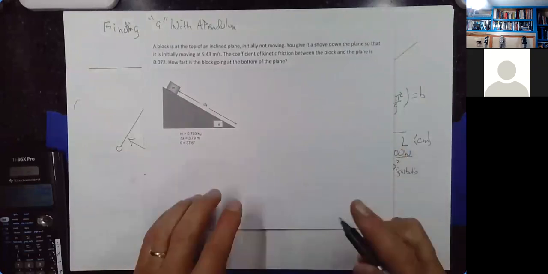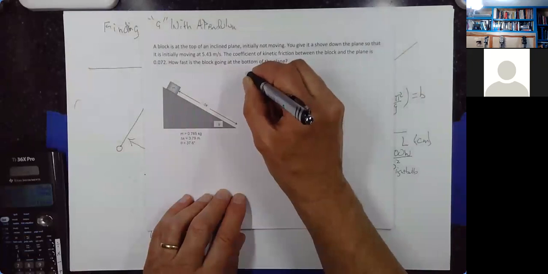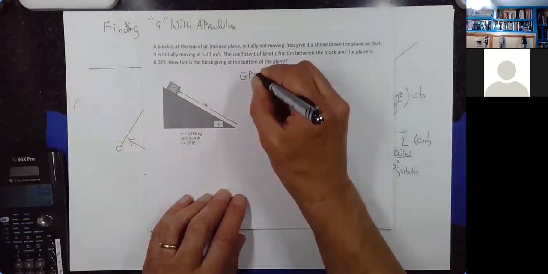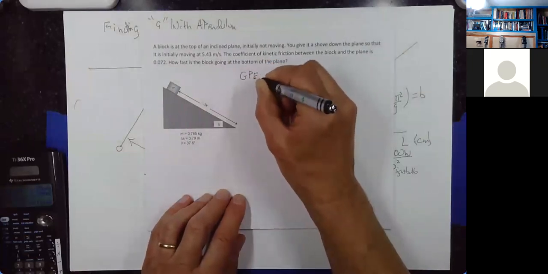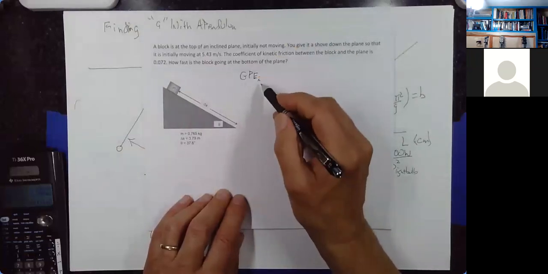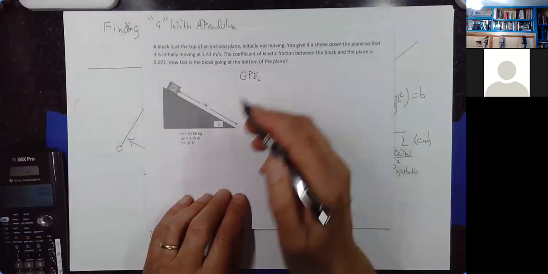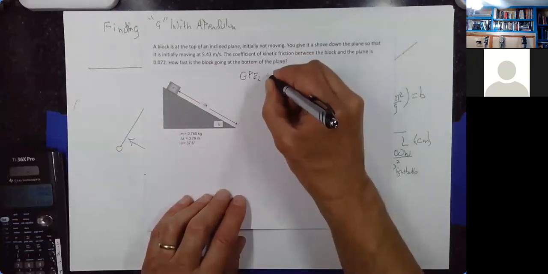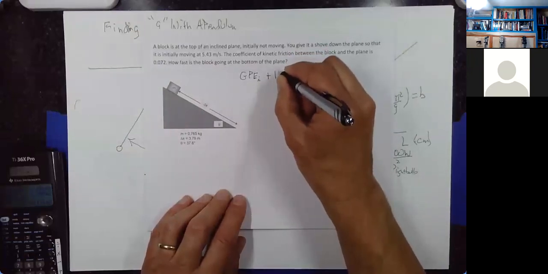And the idea is that we'll start off with some amount of gravitational potential energy. I know sometimes I use a U to stand for that, and sometimes I use GPE. We'll have that. We can start off with some initial kinetic energy.